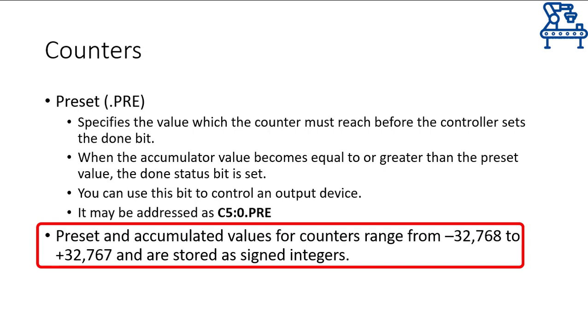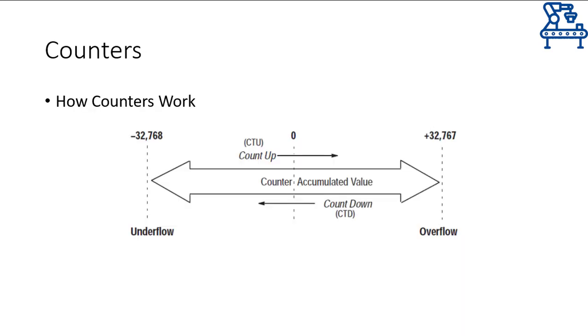The range of preset values, and hence the values that an accumulator can store, is from negative 32,768 to 32,767. What happens beyond this range will be explained in a bit. So the count up counter will start counting from 0, and for every false to true transition of the run conditions, the accumulator content will increment by 1 unless it reaches 32,767.